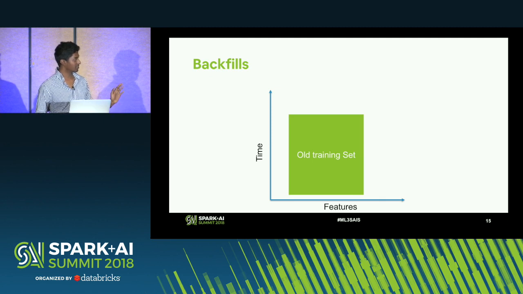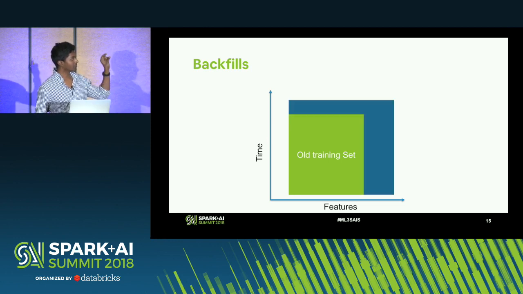The x-axis is the feature columns, and the y-axis is the time. And you want to compute new features for more time. So you need to fill this L shape to create the new training set, right? And we have noticed that backfilling is a major bottleneck when you're iterating on your training set idea, right? So efficiently computing new training sets is a huge deal for speeding up your data scientist workflow.